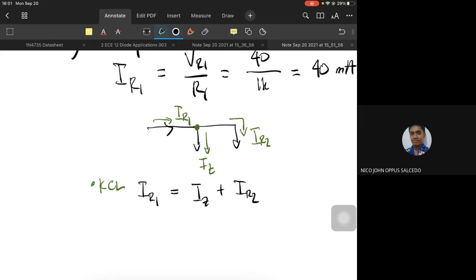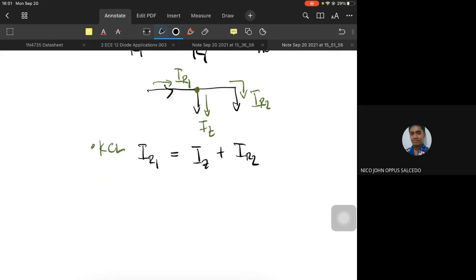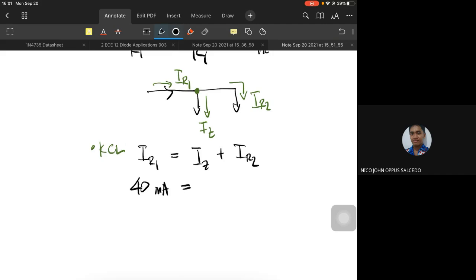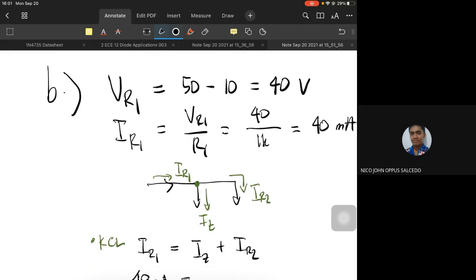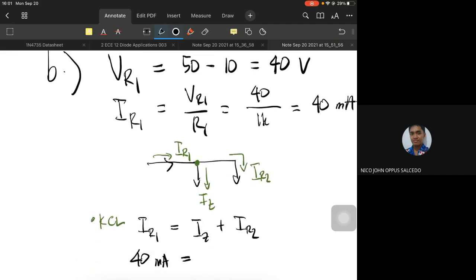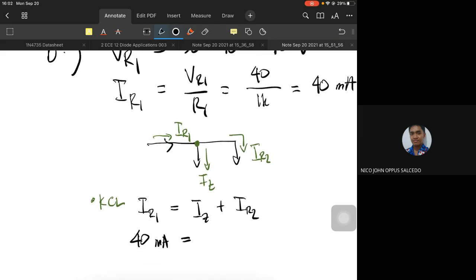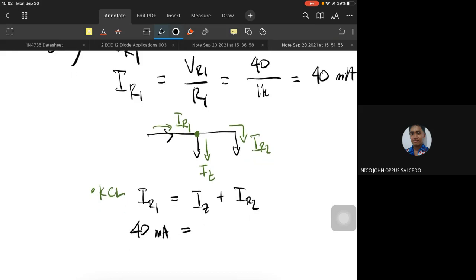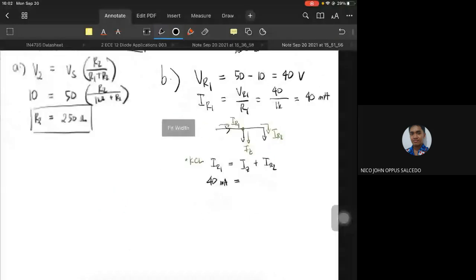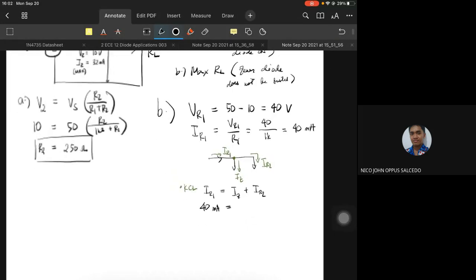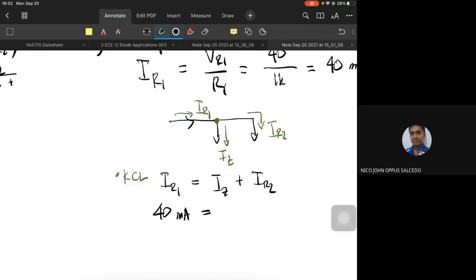IR1 is 40 milliamperes is equal to IZ. Given si IZ max, 32 milliamperes.